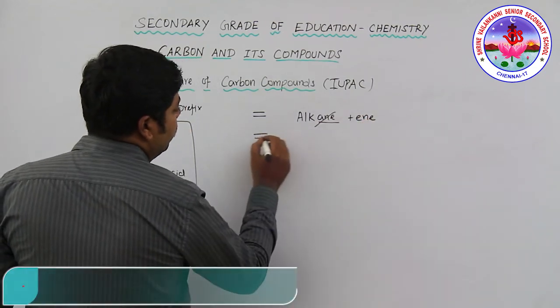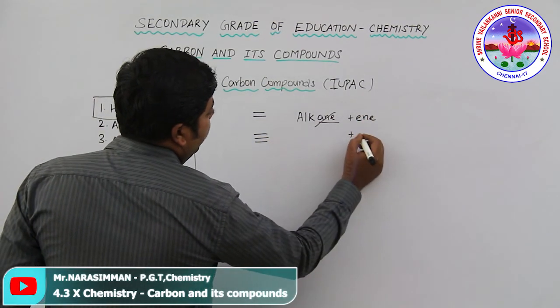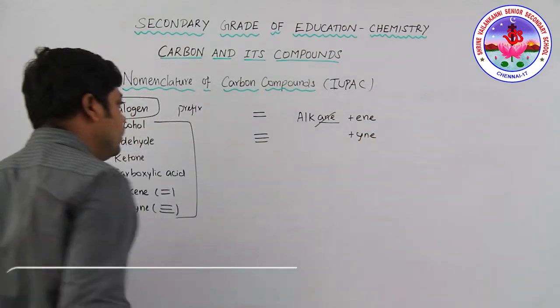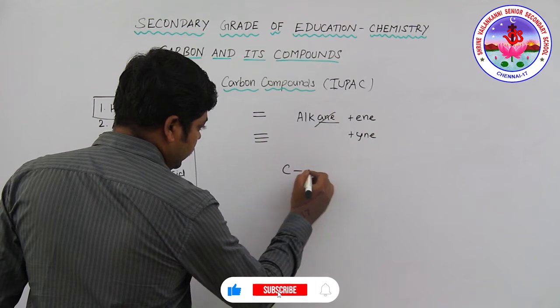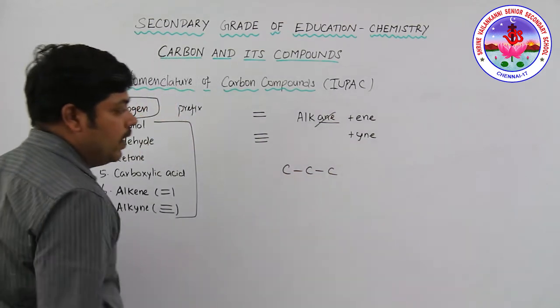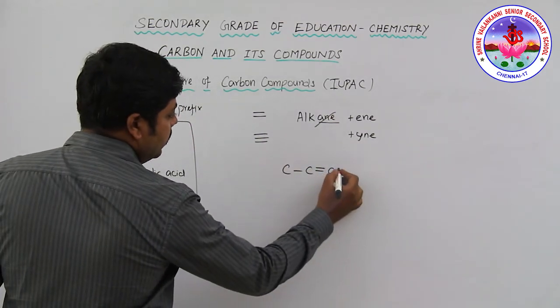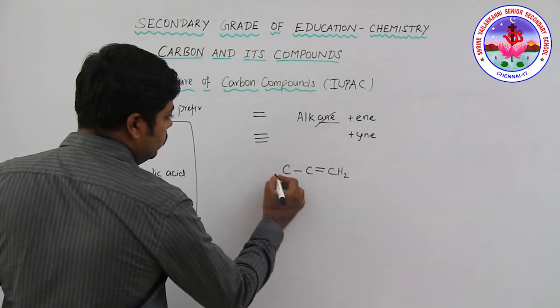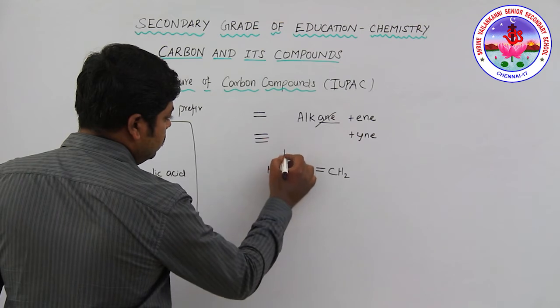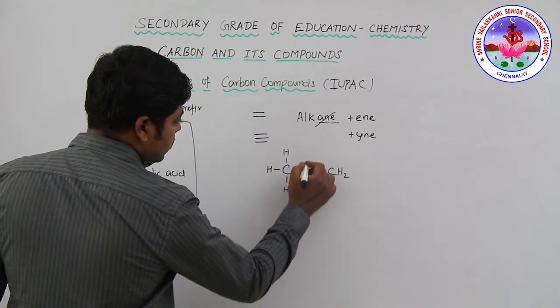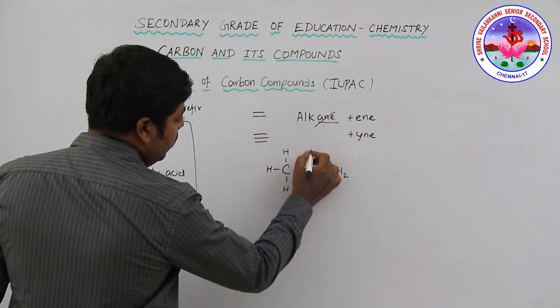If a triple bond is present, you add YNE. For example, 3 carbon atoms with a double bond: write CH2, CH, CH3.